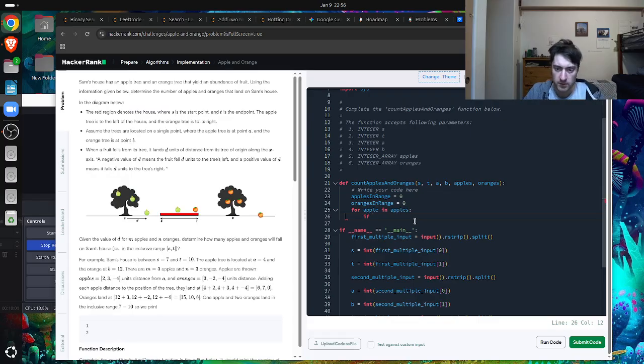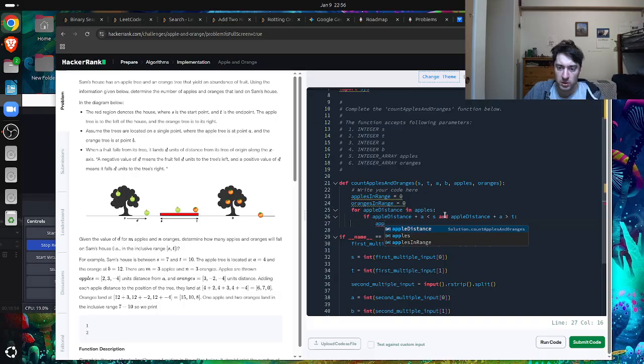So now if apple distance, and this is positive, plus A, which is the apple tree, is greater than S, and apple distance plus A is less than T, we say apples in range plus equals 1, right?